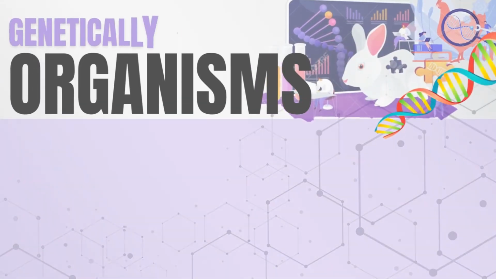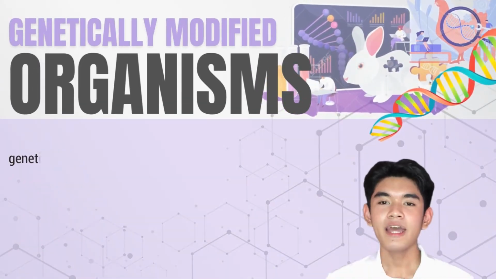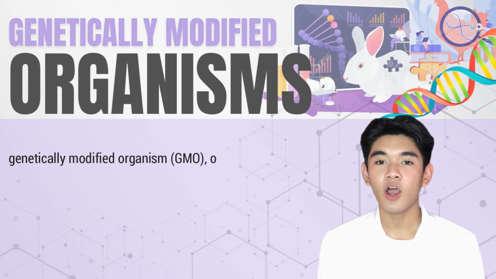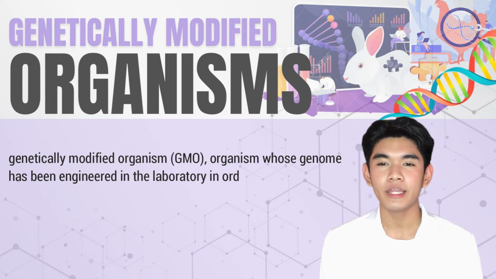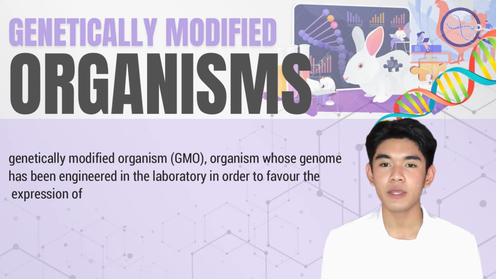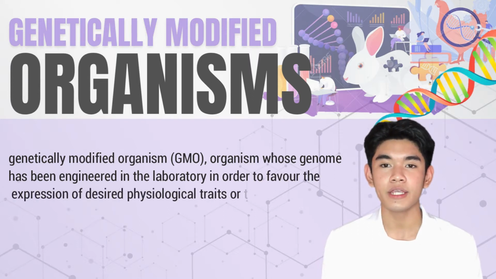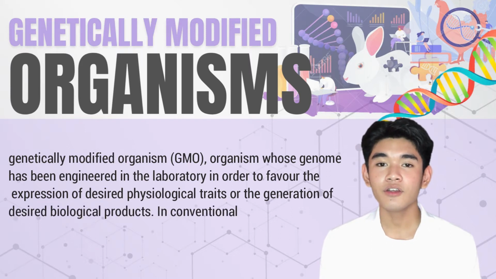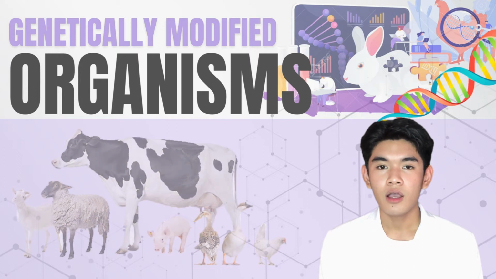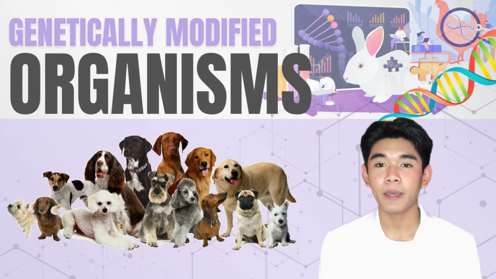What is GMO? Genetically modified organisms are organisms whose genome has been engineered in the laboratory in order to favor the expression of desired physiological traits or the generation of desired biological products in conventional livestock production, crop farming, and even pet breeding.